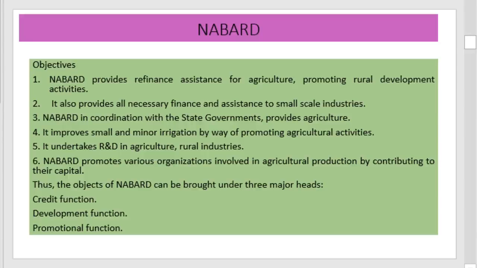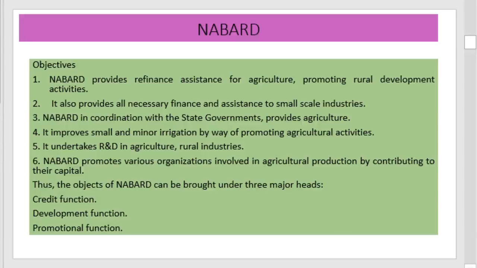Third, Nabard, in coordination with the state government, provides agriculture finance. Fourth, improve small and minor irrigation by way of promoting agricultural activities. Fifth, undertake research and development in agriculture and rural industries. Sixth, promote various organizations involved in agricultural production by contributing to their capital.